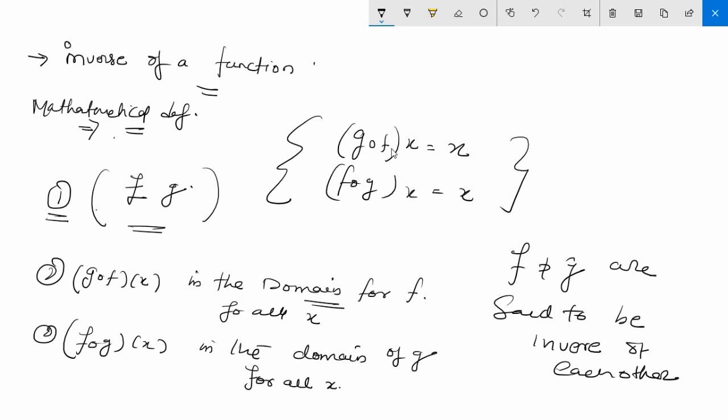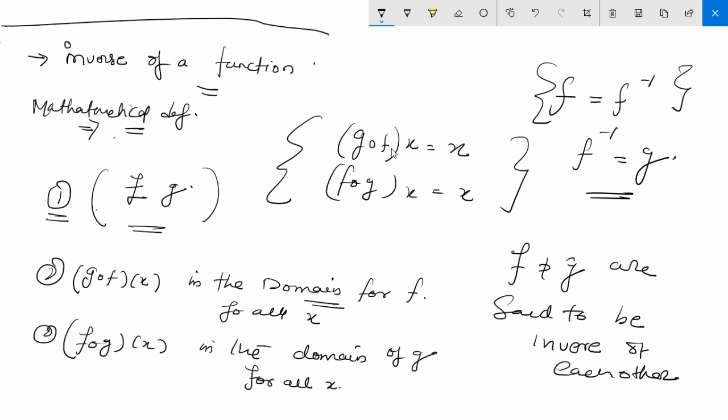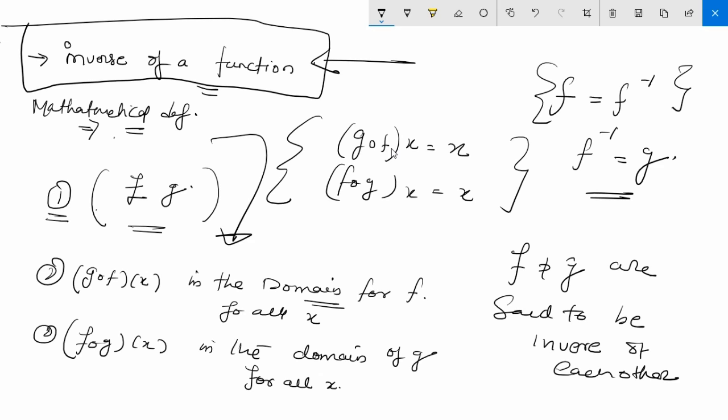So in this case you can simply say that f equals g inverse and f inverse equals g. I will demonstrate how it is possible to find the inverse of a function by applying this logic, by taking an example.